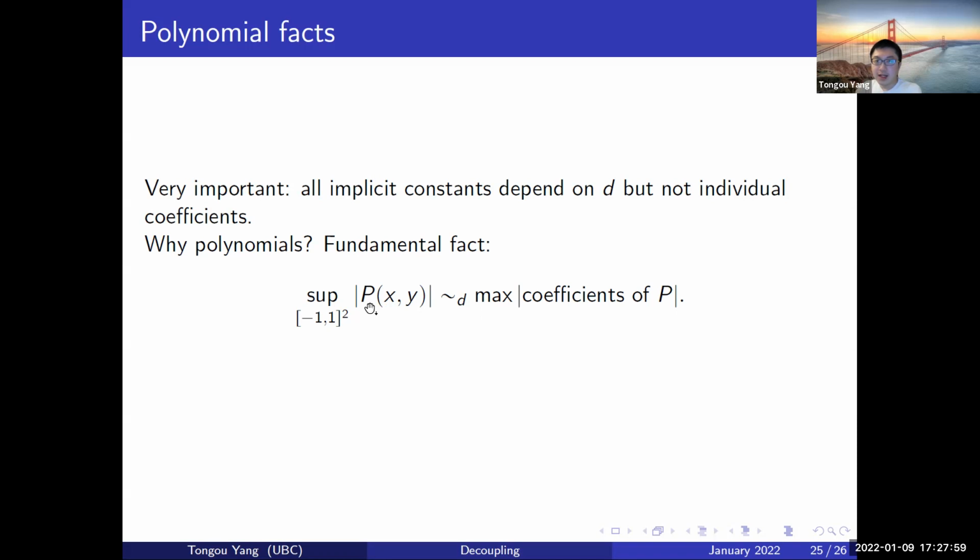Given any polynomial, the supremum of the value of the polynomial over the unit square is comparable to the maximum of the absolute value of its coefficients. So we used this fact to help us in the rescaling within all those kinds of arguments. So that's the very important point why we use polynomials.